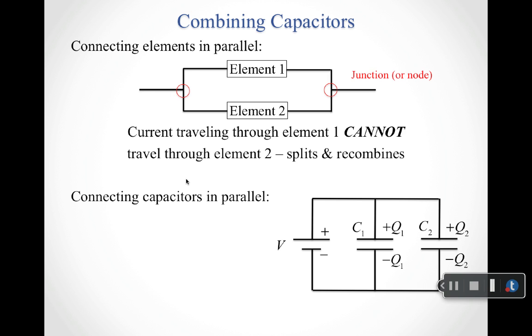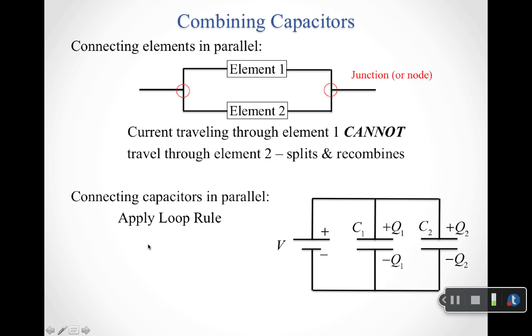Well, for capacitors in parallel, in order to set up our relationship for how we need to combine these mathematically, let's start by applying our loop rule. The first loop I'm going to pick is I'll start here in this bottom corner and go across the battery. I'll notice that I'm going from the negative terminal to the positive terminal, so that means I'm increasing in potential.